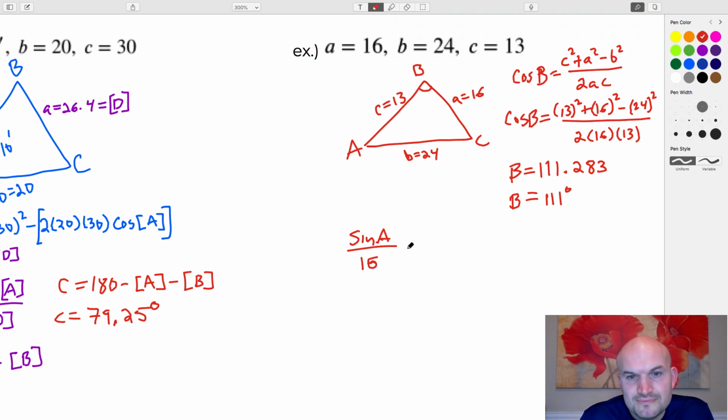Cool. So 16 is equal to the sine of stored answer B over 111. So therefore A is basically going to be 16 times the sine of stored answer B divided by 111.